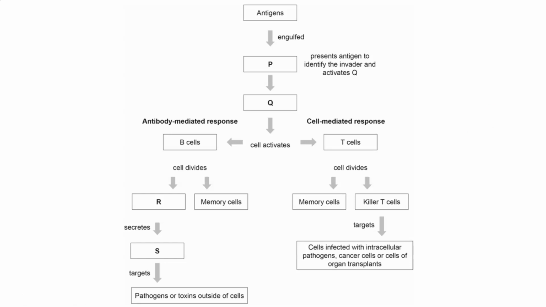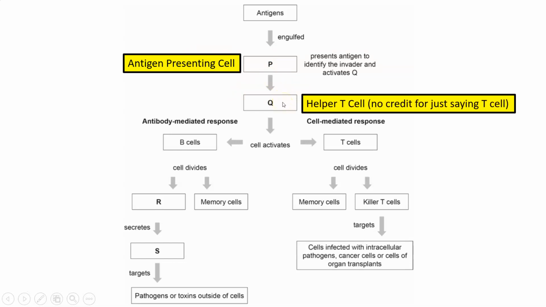Okay, welcome back, girls. Hopefully you've been able to work out what these are. If we've got an antigen here and it presents the antigen, then this must be the antigen presenting cell. Where that goes to is the lymphoid tissue and it presents it to the helper T cell. So you've got to be really specific with which type of T cell you use.